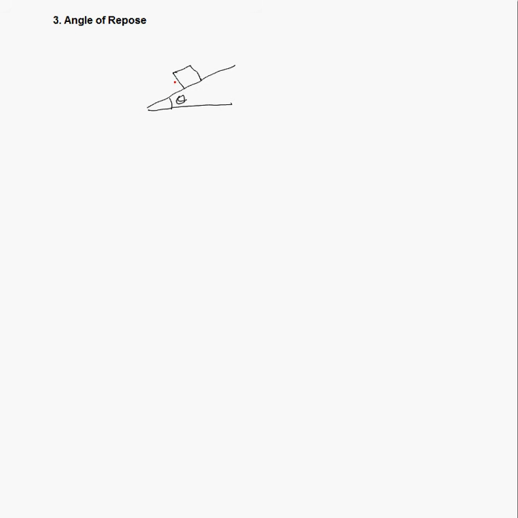If we look at the force analysis, the mg sin theta, the component of the weight down the incline, is balanced by the limiting force of static friction mu times N, where N is the normal reaction force and mg cos theta is the component of weight normal to the incline.